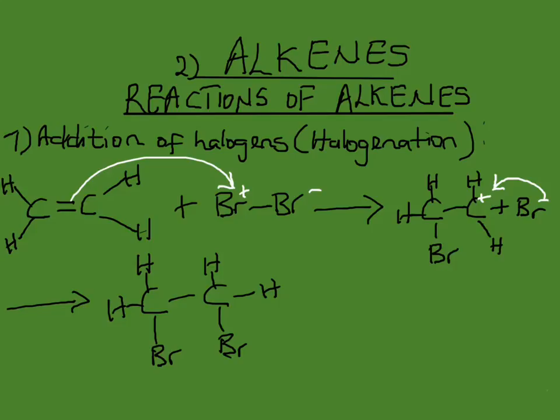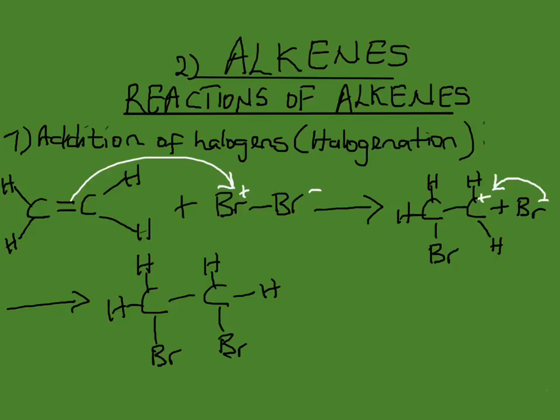As you can see there, when ethene reacts with the first bromine, it makes one of the carbon atoms form a positive ion, called a carbocation. This carbocation now attracts the bromide ion with the negative sign.